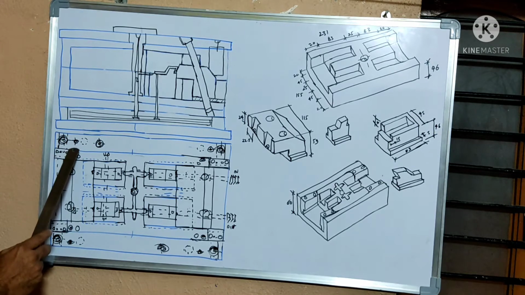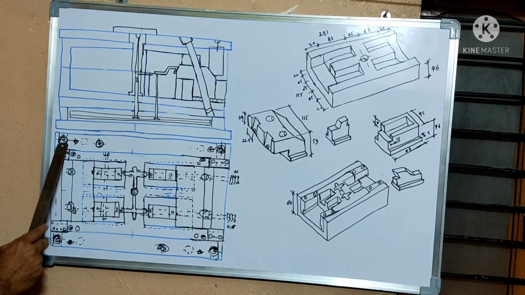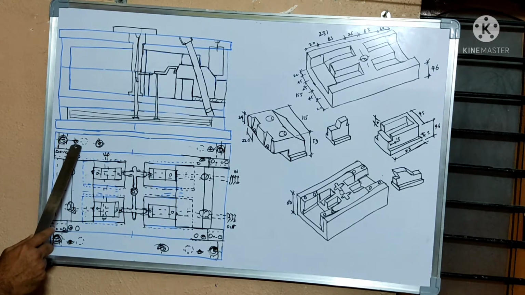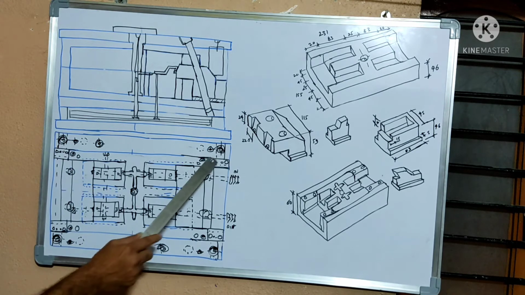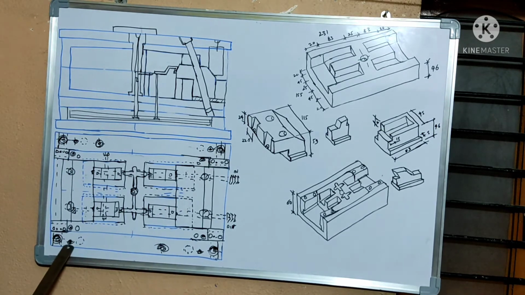Adjacent to the guide pillar, guide bush, you are observing 4 threading marks are there. 1, 2, 3, 4.